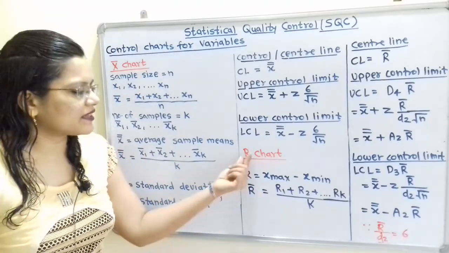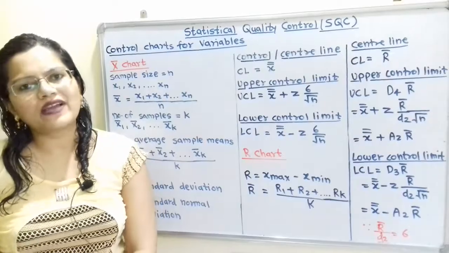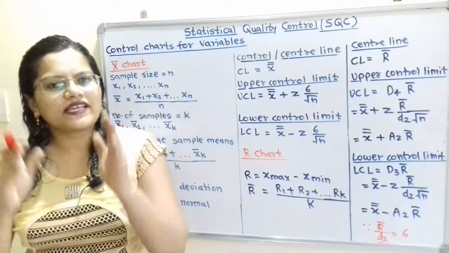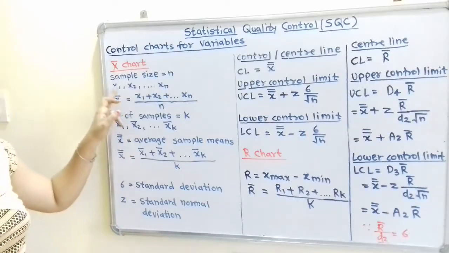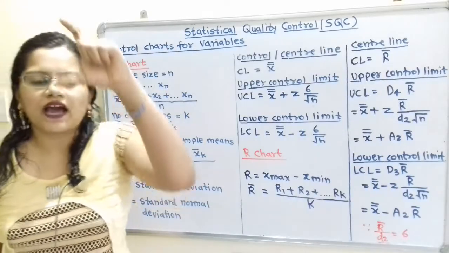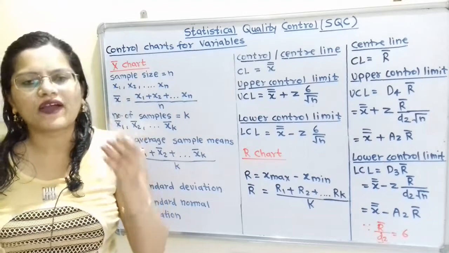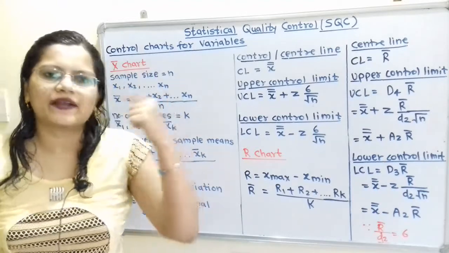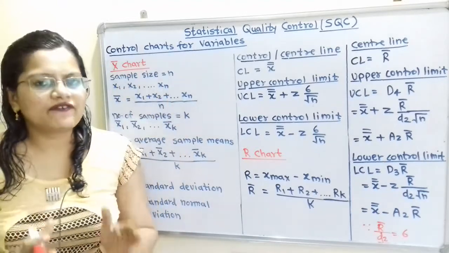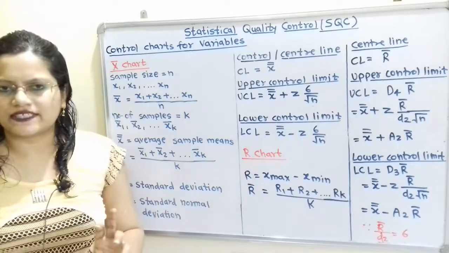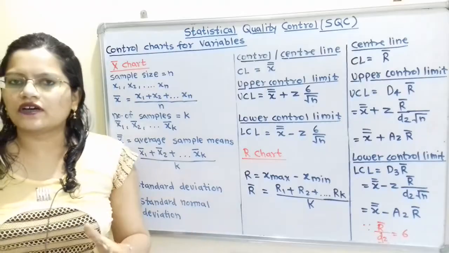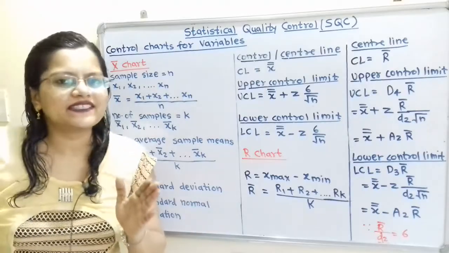For R, that is the range, how to calculate this range? For each sample, suppose there are n readings, x1, x2 up to xn. Out of these readings we have to find the maximum value and the minimum value. The difference between this maximum and minimum is known as the range. So it is easy to calculate the range for each sample.